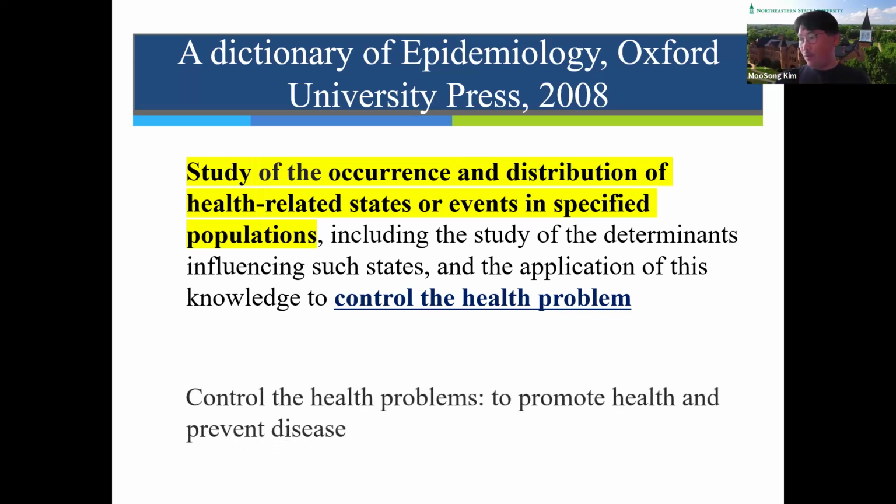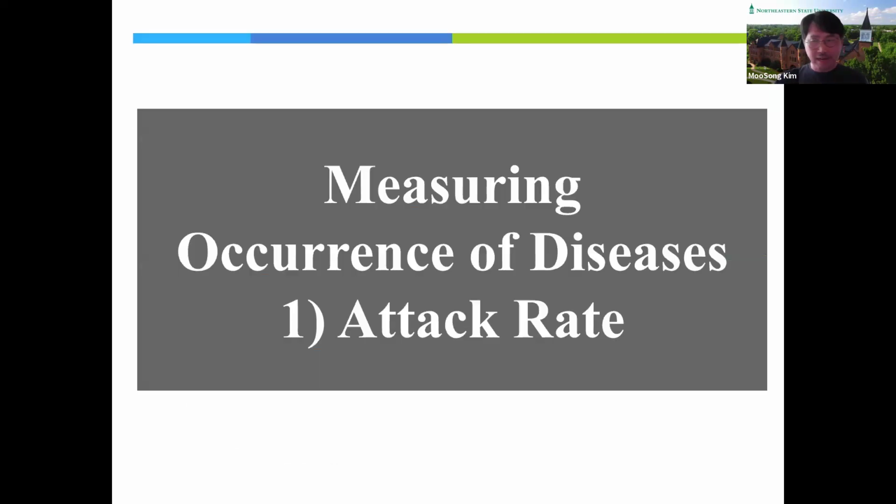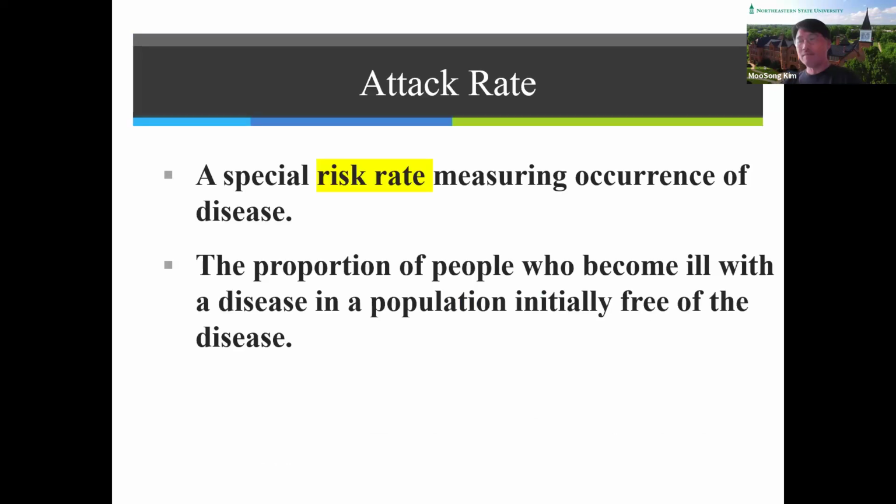So we start with attack rate, measuring the occurrence of a disease. The definition of attack rate is a special risk rate measuring occurrence of disease: the proportion of people who become ill with the disease in a population initially free of the disease.